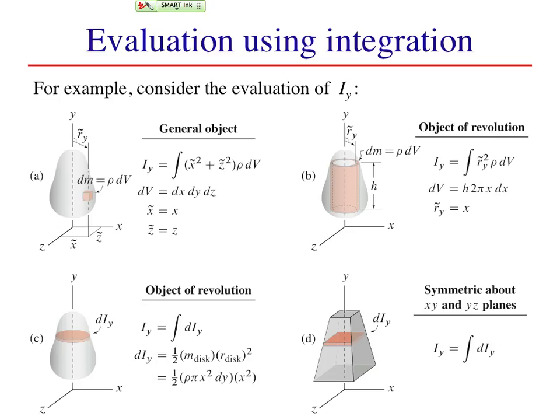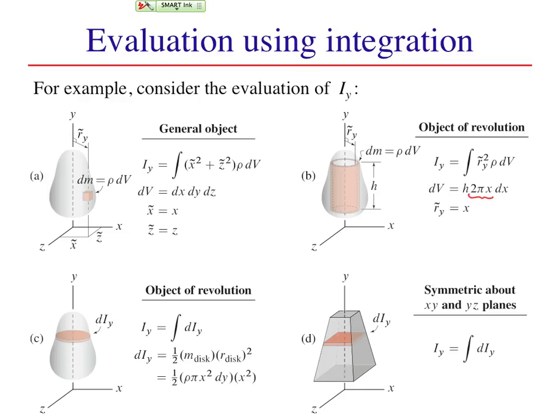The differential element is a cylindrical shell of radius r_y tilde equals x, height h of x, and infinitesimal volume dV equals the circumference 2 pi r_y tilde, or 2 pi x, times its thickness dx times its height h of x. Every material point in the shell is at the same distance r_y tilde equals x from the y-axis.